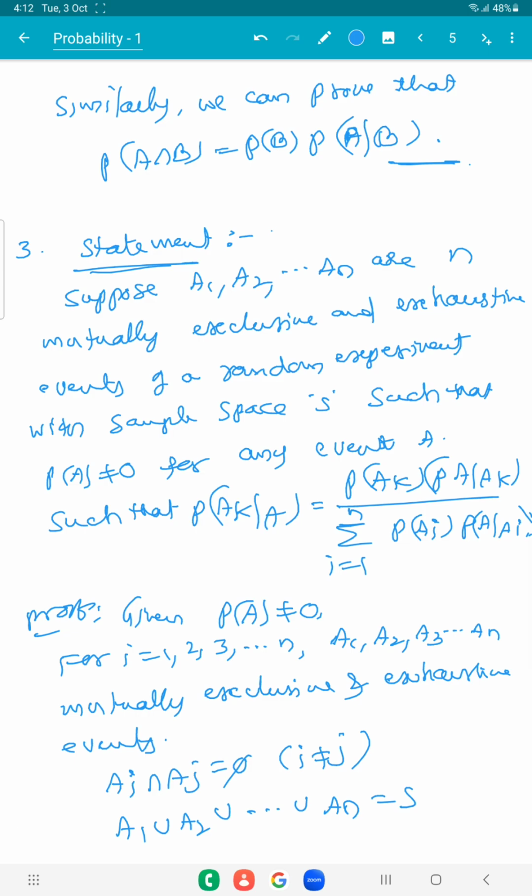So I want to try to do this question, and I want to draw the diagram once. These are A1, A2, A3 and so on An. Suppose A is an event. Observe that A1, A2 and so on An are mutually exclusive.